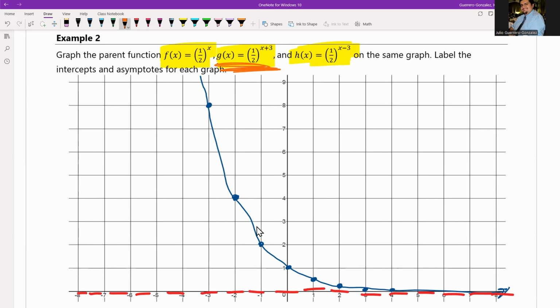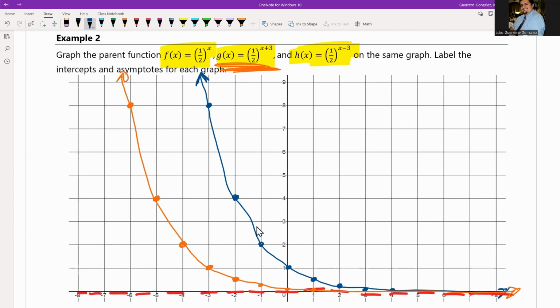So 1, 2, 3. 1, 2, 3. 1, 2, 3. And then we'll just keep going that way. There we go. We provide the swoosh for this one. Swoosh. There we go. And I forgot the arrow on this one. There we go. We've got an idea of what this thing is doing.